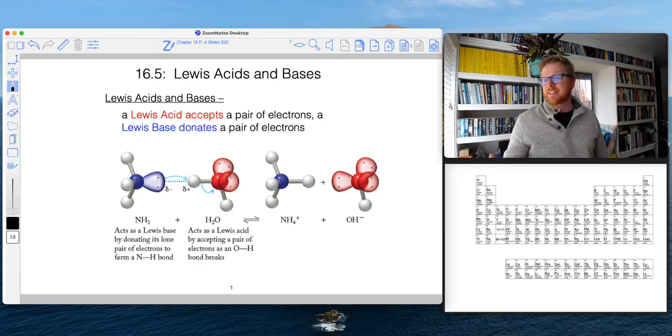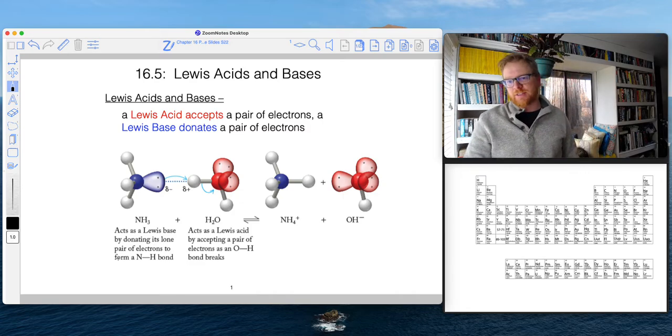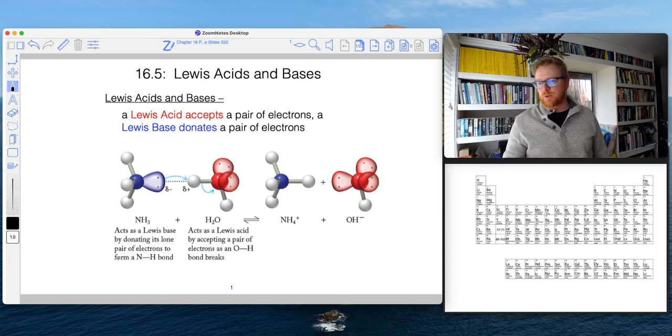Where an acid is a proton donor and a base is a proton acceptor, or a base produces hydroxide and an acid produces H+. So what we're going to see here in the Lewis acid-base model is that a Lewis acid accepts a pair of electrons, and a Lewis base donates a pair of electrons.